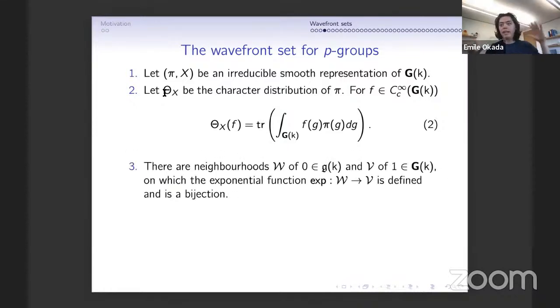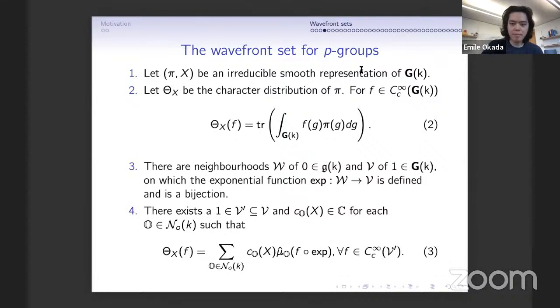To relate it to the distributions on the Lie algebra, we need an exponential function. We do have this in the p-adic setting, but we only have it defined locally. What the Harish-Chandra and Howe local character expansion does is relate the character distribution to the Fourier transforms of nilpotent orbital integrals. It says there's an open neighborhood of the identity such that when you restrict the character distribution, you can write it as this linear combination.